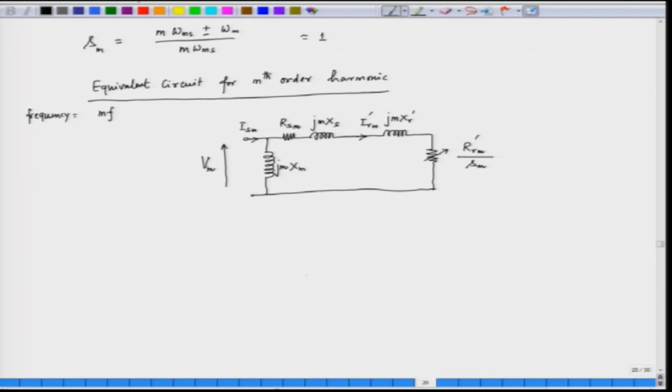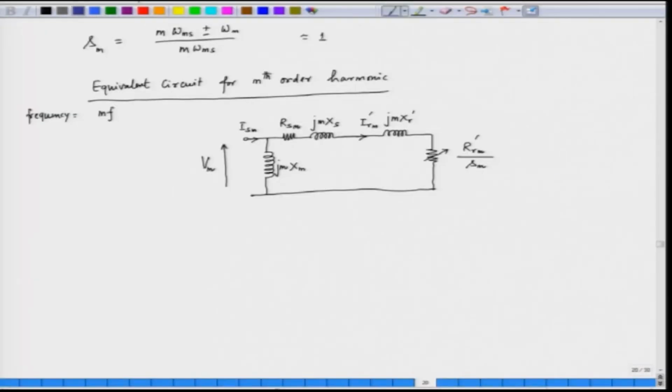Now, in this case m is a large quantity. When m is a large quantity, we can say that this circuit is predominantly a reactive circuit and the magnetizing reactance is also quite large. So, we can represent this only by reactance, and Sm, as we have already discussed, is close to 1. So, this slip is high here and the rotor resistance is a small quantity. So, the resistance of the circuit can be neglected with respect to the reactance.